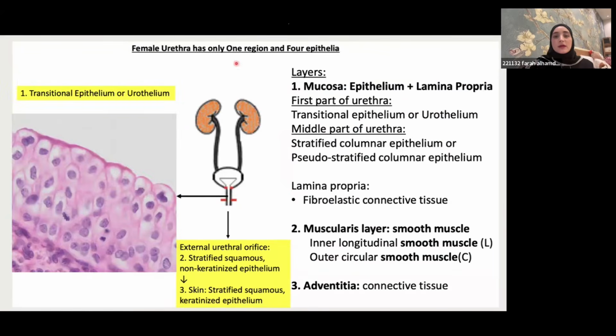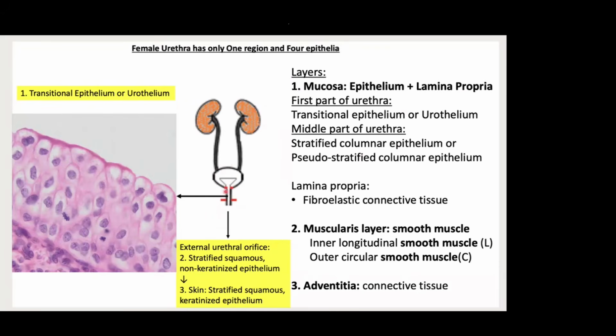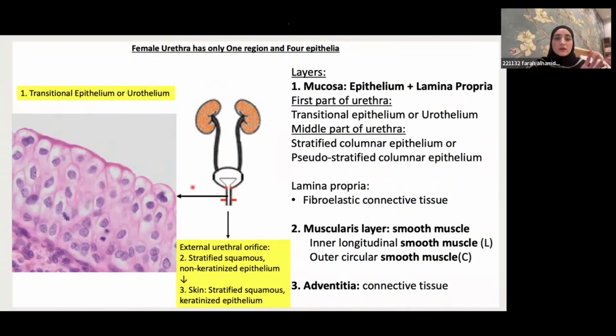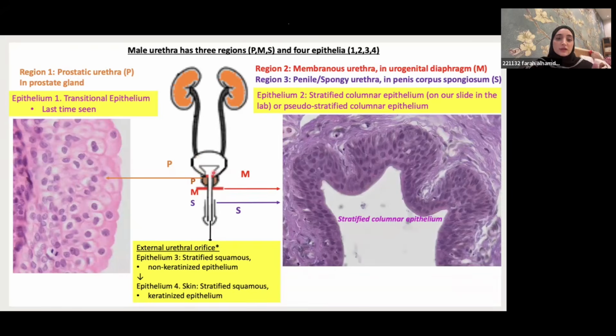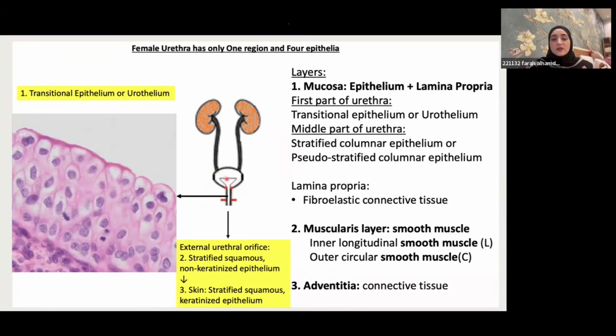Then the female urethra has two regions, the proximal and the distal. The proximal part of the urethra is where the transitional epithelium ends. So the transitional epithelium ends in the prostatic urethra in males, and in females it ends in the proximal urethra. The first part of the urethra has transitional epithelium or urothelium.